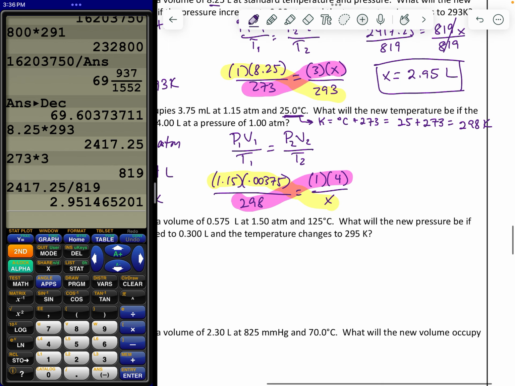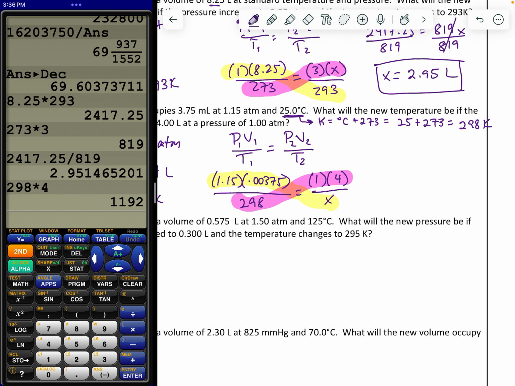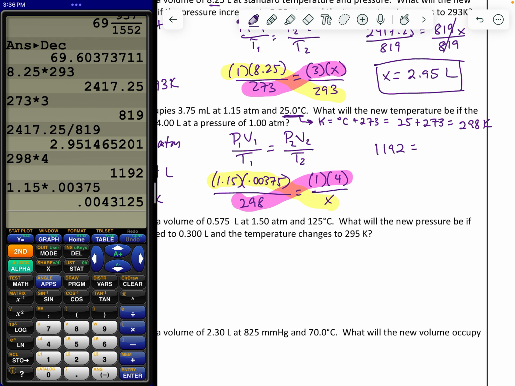And we have, let's do 298 times 4, and that's going to be 1,192, right? I just do all of the one that doesn't have the variable first. 1.15 times 0.00375 gives me 0.0043.